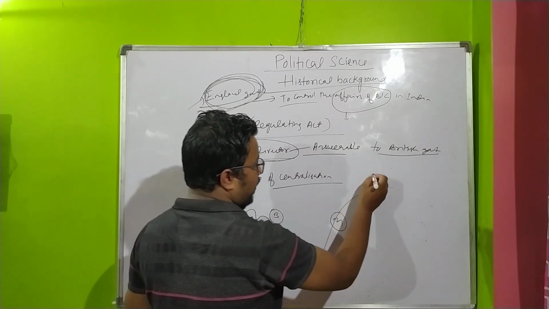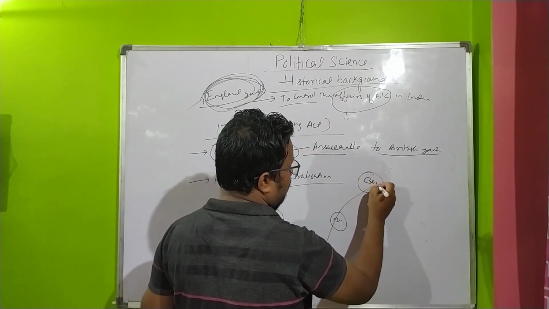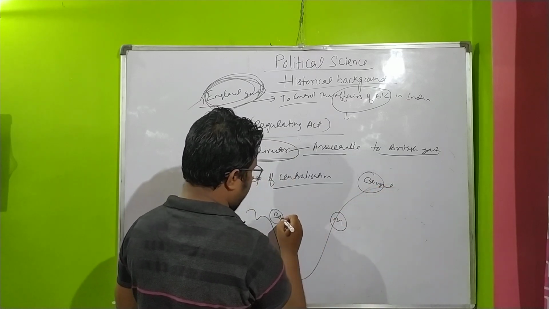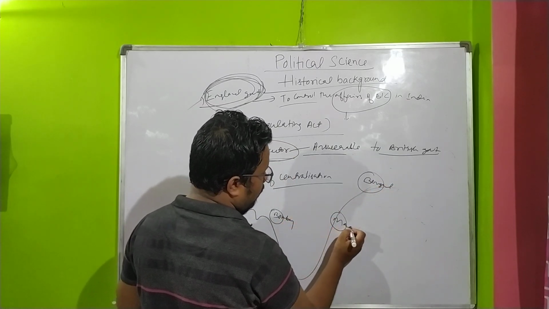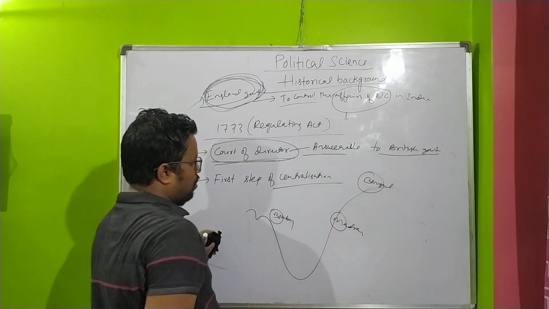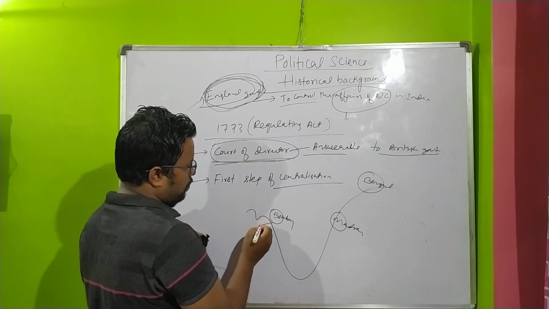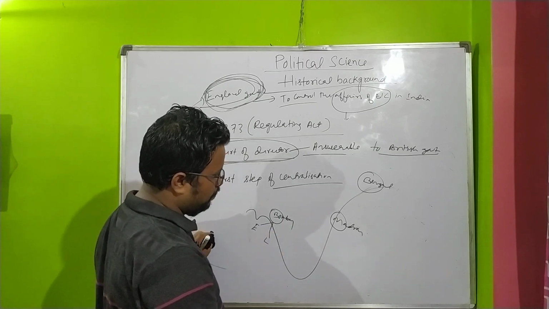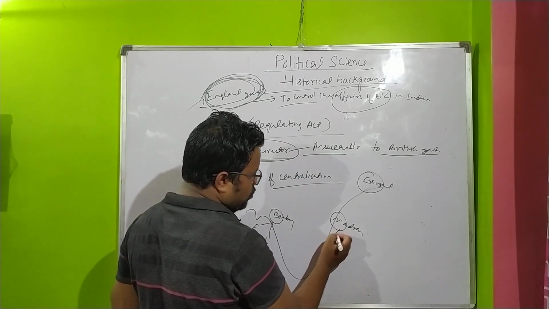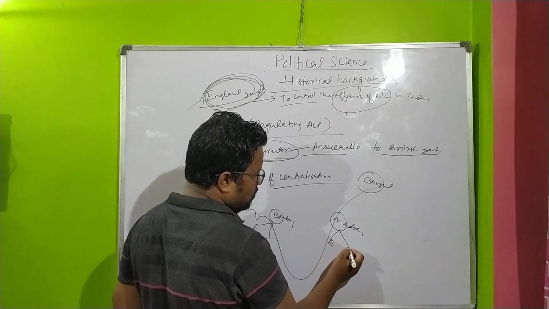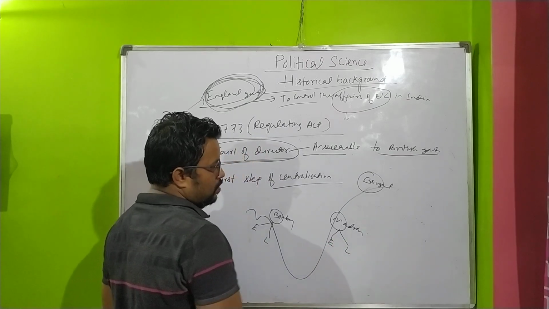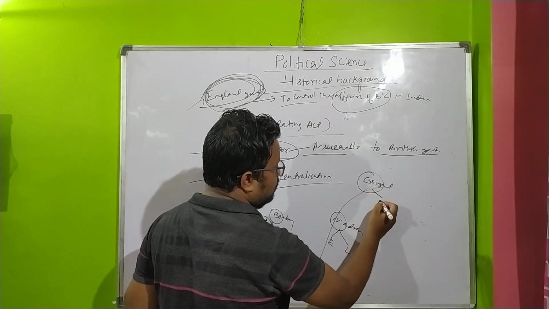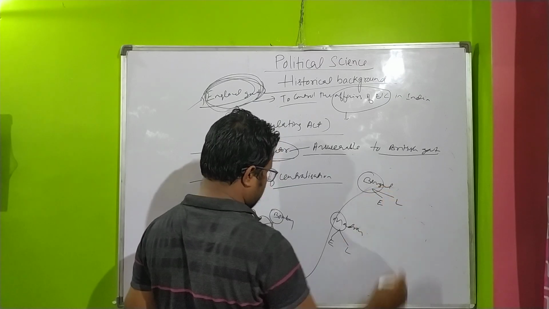This was the Bengal Presidency. Bengal, Bombay and Madras. They have executive powers as well as legislative powers. Madras also has executive powers as well as legislative powers. They also have executive powers as well as legislative powers.